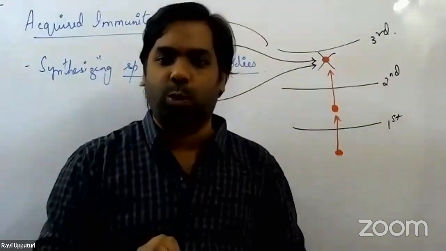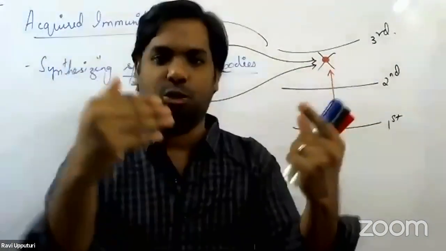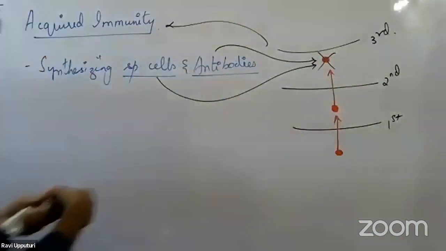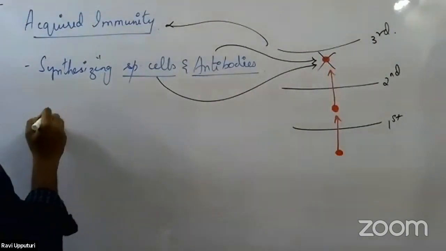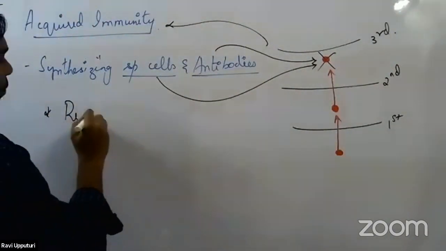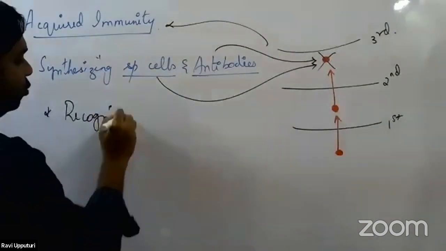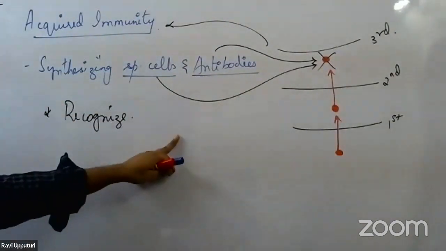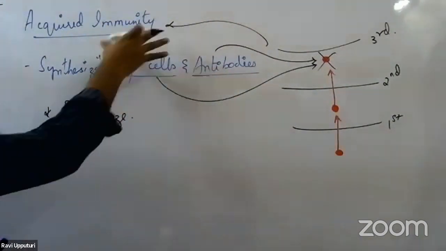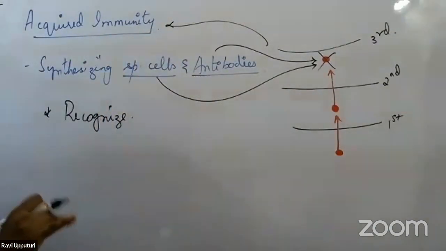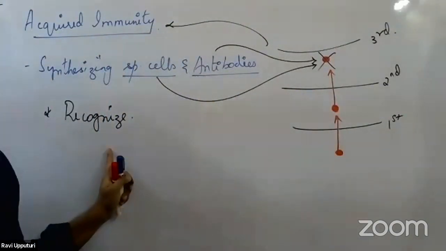They function in 4 important steps. The first one is they would first recognize the pathogen. So the acquired immune cells would first recognize the pathogen.